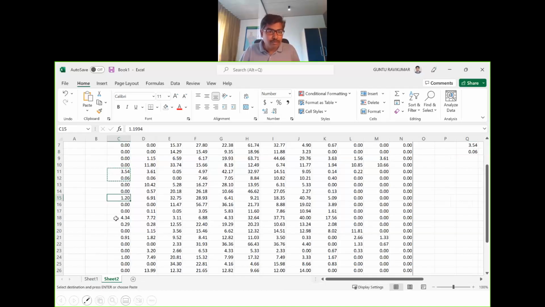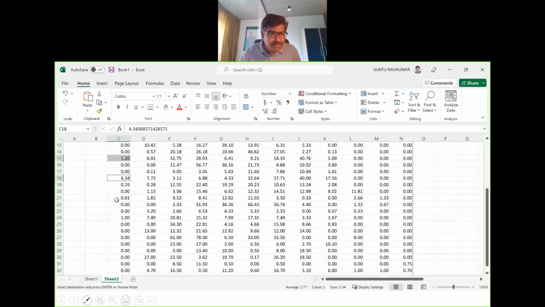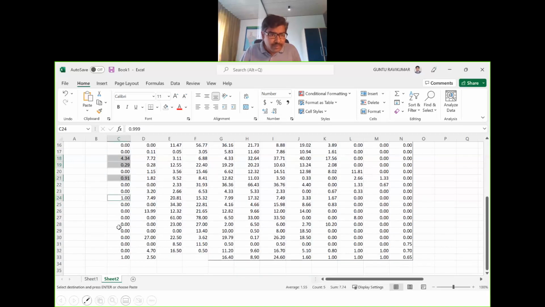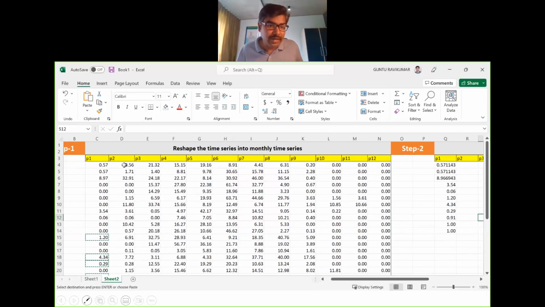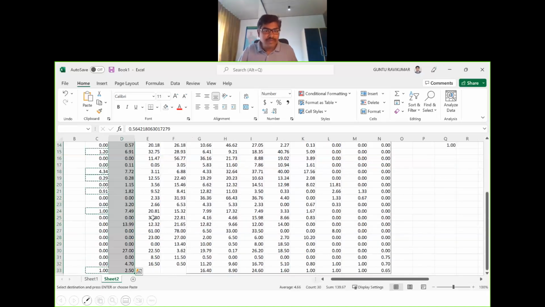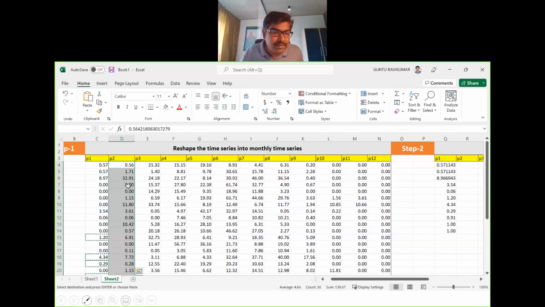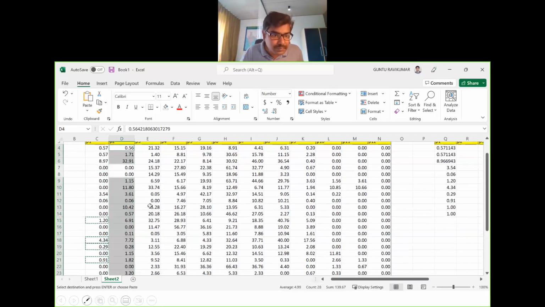I have 1.2, 4.34, 0.29, 0.91, 1, and then 1. Copy these values and then paste it here. So in a similar way, you can replicate the process for the remaining months. So we can select this entire month and then unselect zeros from it.